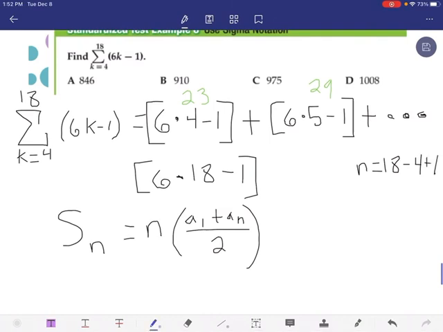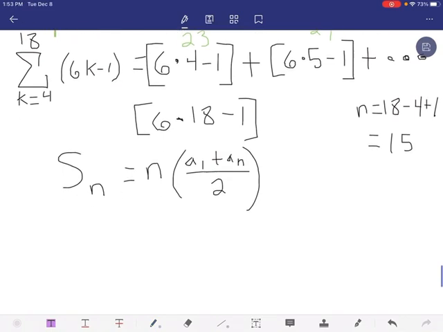But because we had to plug in 4 first, we have to add in an extra number. So we get 15. So we know that we're looking at the sum of the first 15 terms of this series.